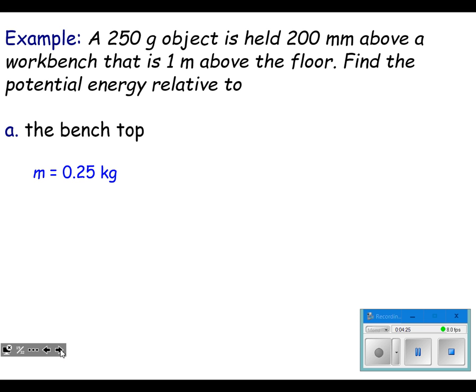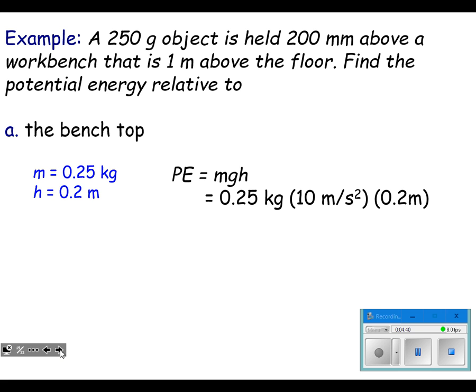Then I also will need to change my millimeters to meters. So I know that there's 1,000 millimeters in a meter, so I'm going to divide my 200 by 1,000 as well. And so once I have this to find potential energy, it's mass times gravity times height. So I do my 0.25 kilograms, multiply by 10 meters per second squared, multiply by 0.2 meters. That'll give me 0.5 joules.